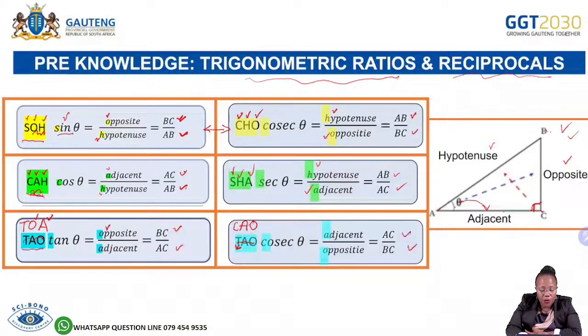If this was opposite over adjacent, it will be adjacent over opposite for the reciprocal of that particular ratio. So that is how we work around the reciprocals and the original ratios, grade 12. Sometimes you can also put this in your quadrant sketch where you have the CAST diagram.